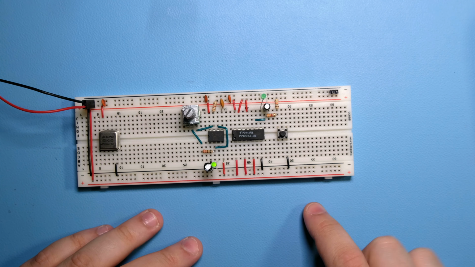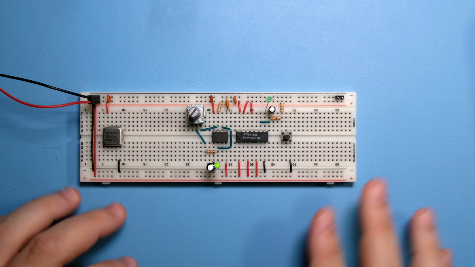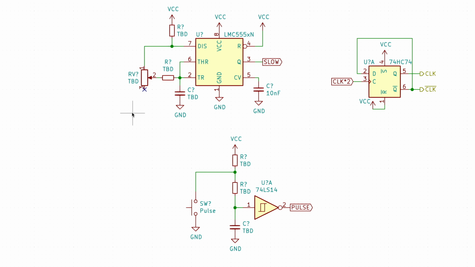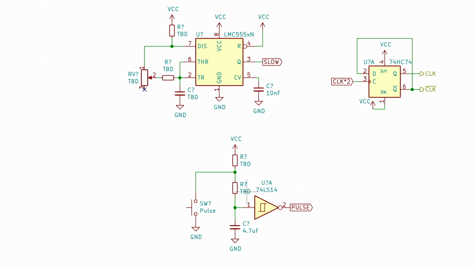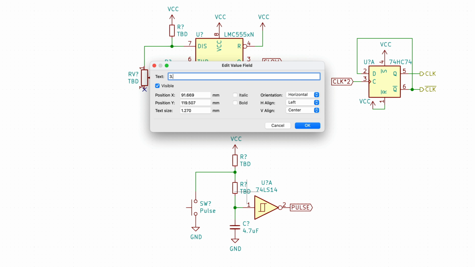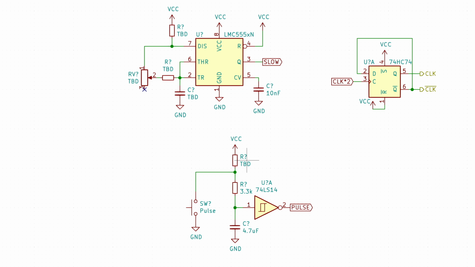I'm going to add the values that we determined on the KiCad schematic. Okay, so in terms of the values that we selected, the capacitor here is 4.7 microfarads. The resistor here is 3.3K, and this one is 10K.